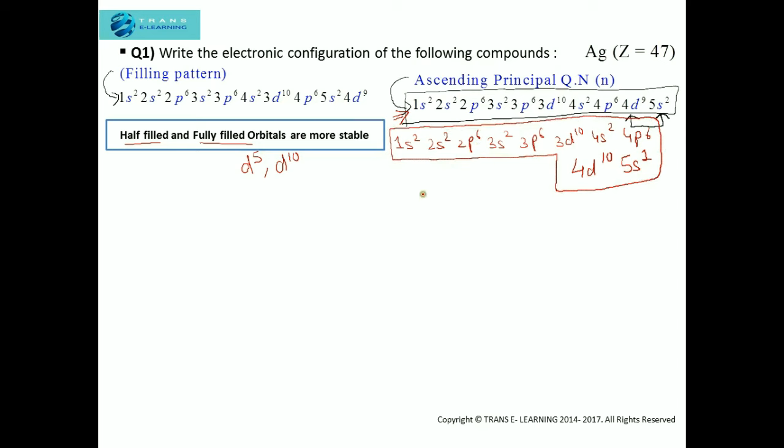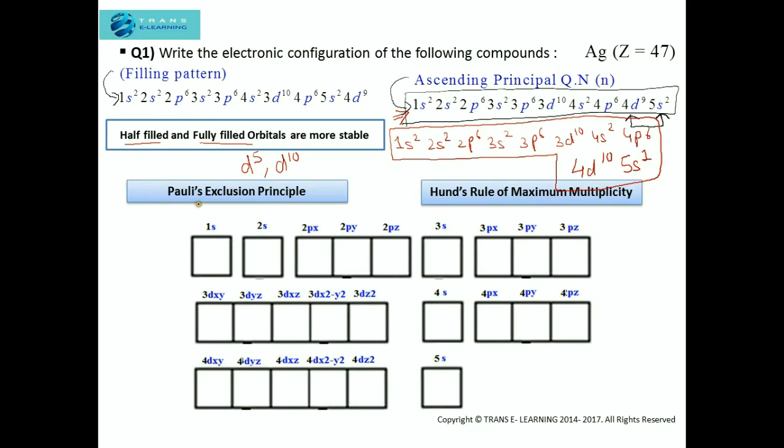Now if we need to write the electronic configuration in terms of electronic distribution, then we have to consider 2 more principles or rules. They are Pauli's exclusion principle and Hund's rule of maximum multiplicity. So keeping these 2 principles in mind, I will fill up the other orbitals.